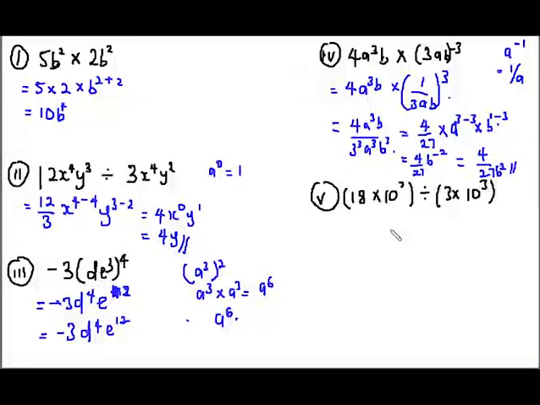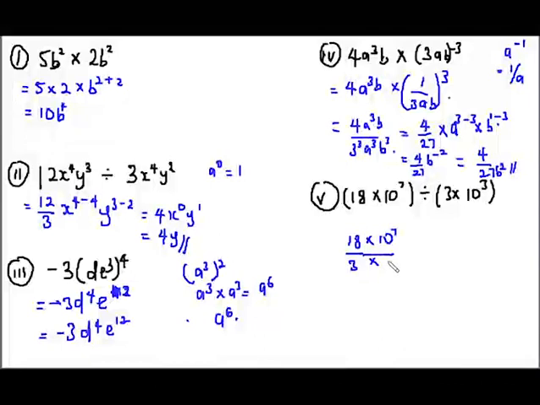You can also try this one yourself, see how it works out. So we'll be doing the same thing here. We have 18 divided by 3, and then 10 and 10 is the same base number. Their powers are going to be subtracting each other since I'm dividing the two numbers.